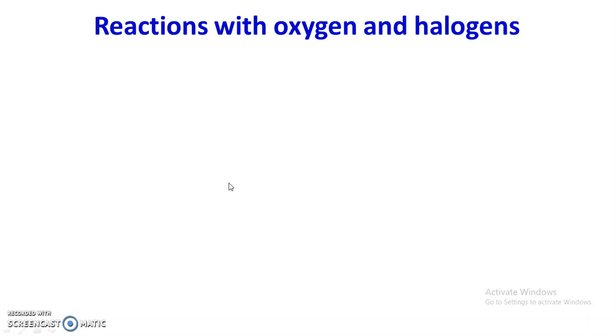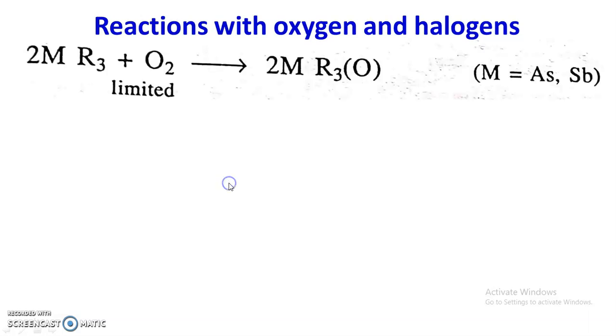Now, reactions of organometallics with oxygen are highly exothermic. Heat is evolved during these reactions. For example, for an organometallic compound where M is arsenic or antimony, especially the trialkyls of group 15 or dialkyls of group 16, these are oxidized to suitable oxides even with a limited supply of oxygen, retaining their metal carbon bonds.